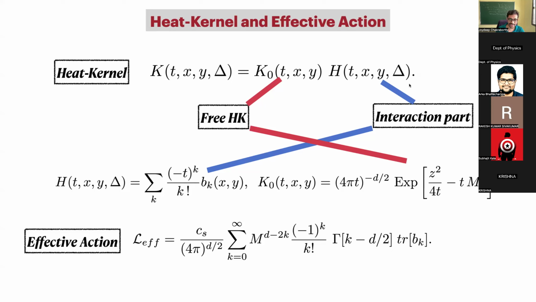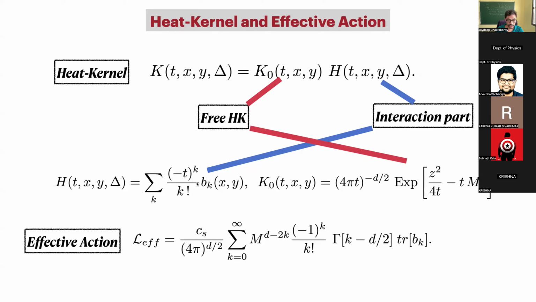But more important is the interaction part, which you can write in this asymptotic form. The interaction part, when I'm doing the expansion, is not a Taylor expansion, it's an asymptotic expansion. And by construction, an asymptotic expansion is not guaranteed to be convergent.